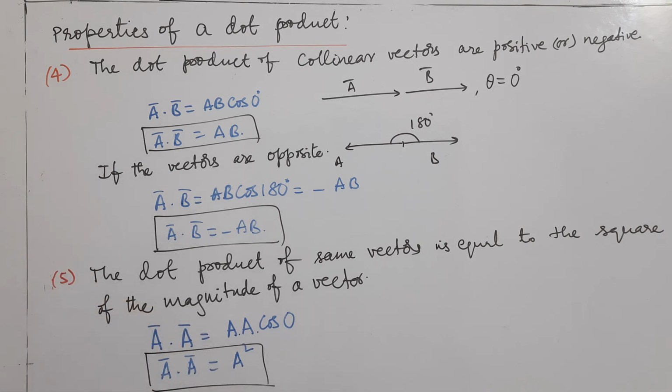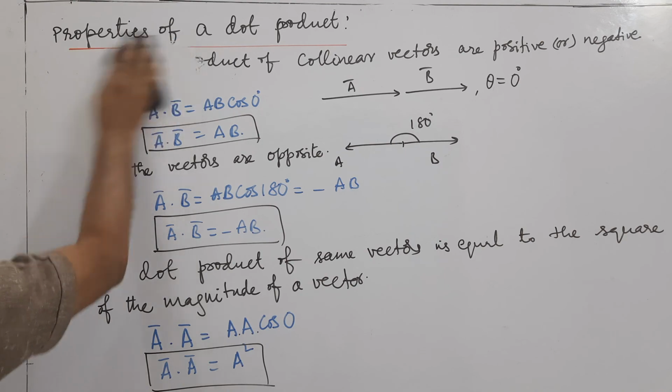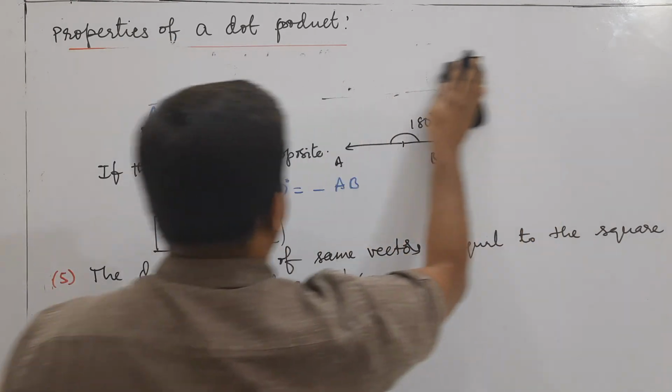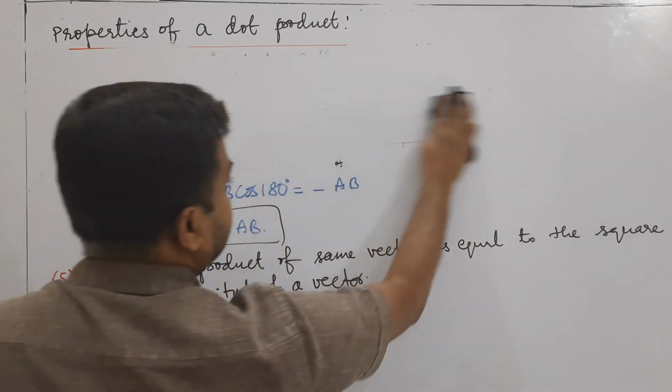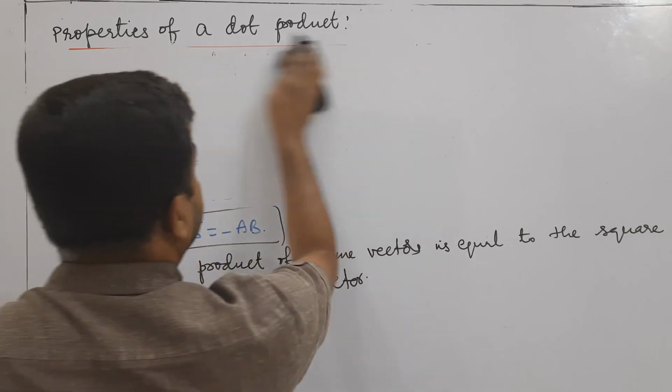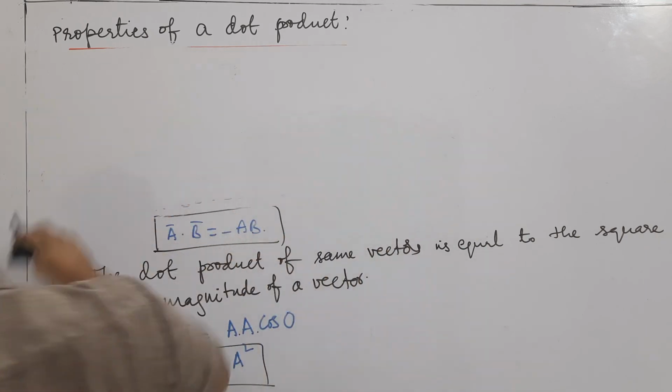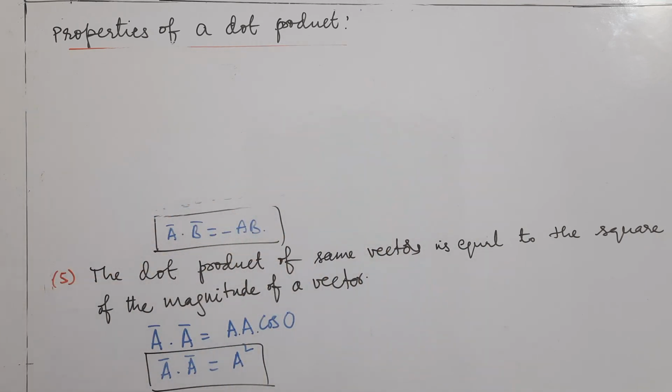Write it, no? Like this we have 5 properties already. One more last property we will write here. We can represent A and B in Cartesian form. If A and B are represented in Cartesian form, like this we can write.